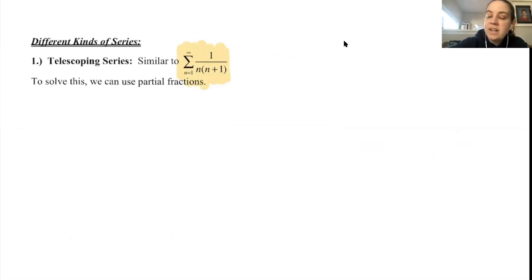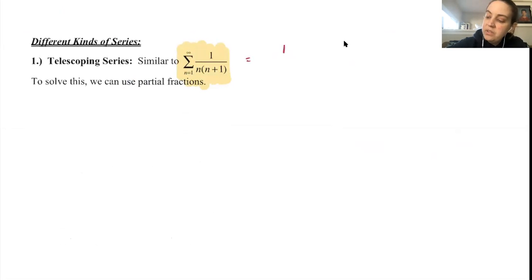And I know that your practice problems for today, for this lesson, do have some telescoping series on there. This one's pretty straightforward. I think the ones in your practice lesson have a little bit more going on in them, but let's see what we can figure out here. So my telescoping series, sometimes I find it's helpful to write out some terms.